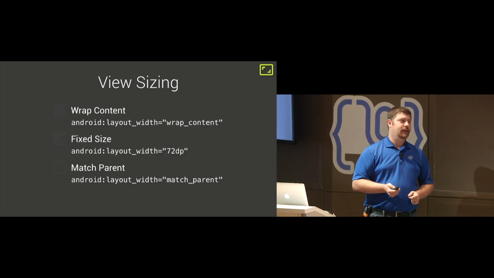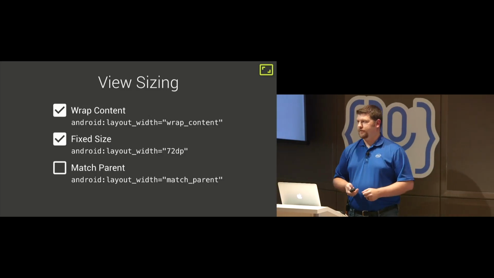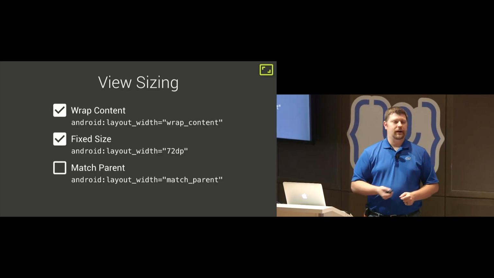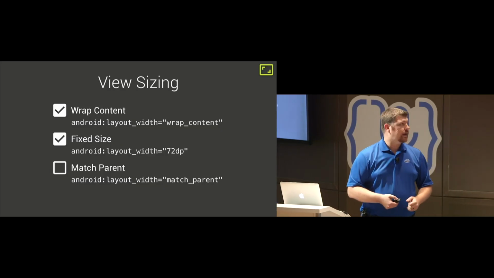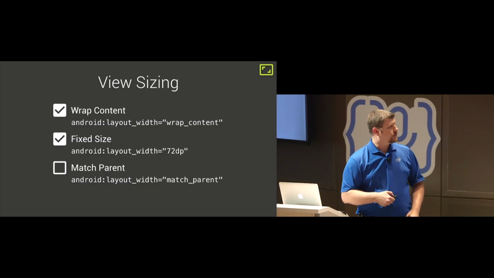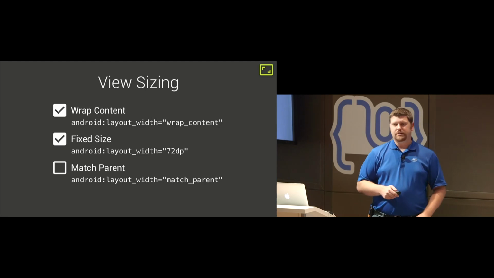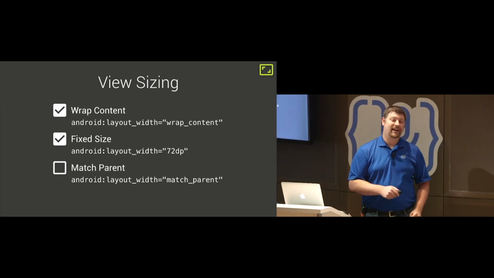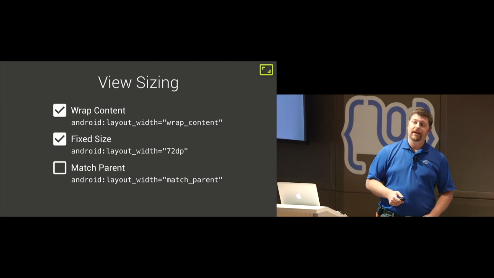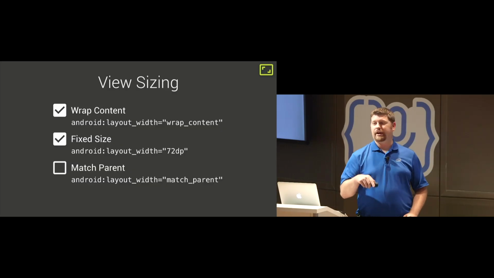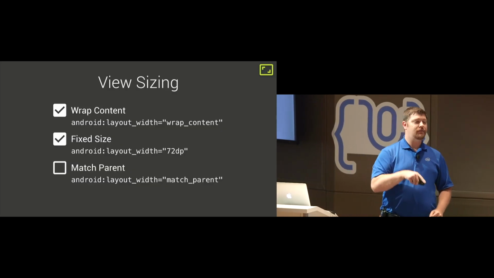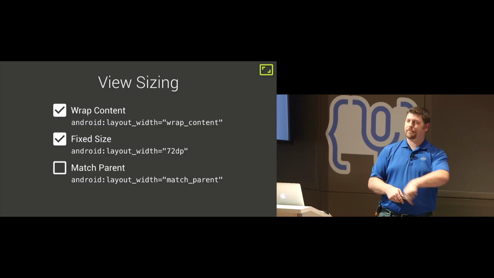In terms of constraint layout, only 2 of these are supported. When you're defining your views inside of a constraint layout, you can use wrap content and you can use fixed size. But it's not recommended to use match parent. In fact, those of you who have played around with the tool, if you attempt to put match parent into your layout, the design view will take it and turn it into something else.